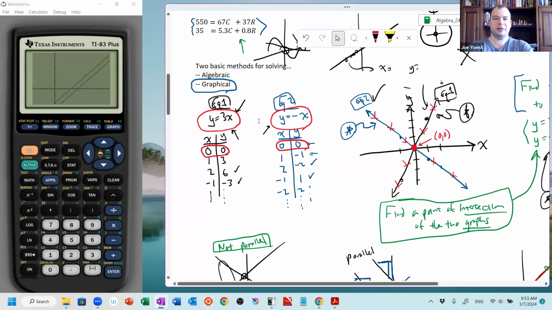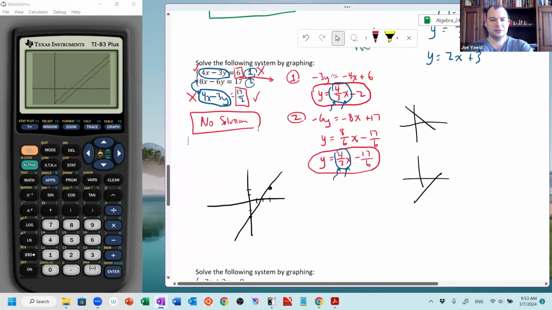No, you just graph this one by hand. It's going to be much quicker. So some problems are a little more amenable to the calculator, some to doing it by hand. In this case, it was still a bit of work to do it by the calculator.